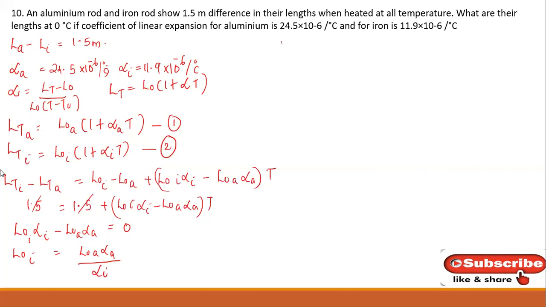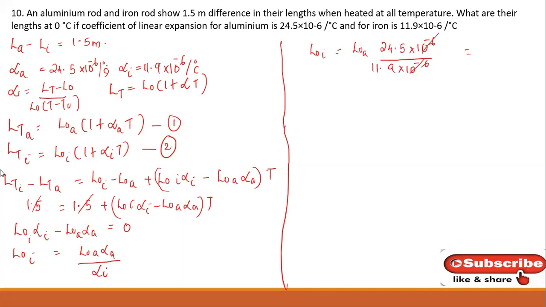These values are given. On substituting these values, we will get L0I is equal to L0A into alpha A, which is 24.5 into 10 raised to minus 6, divided by 11.9 into 10 raised to minus 6. The 10 raised to minus 6 will get cancelled. 24.5 upon 11.9, that is 245 upon 119.